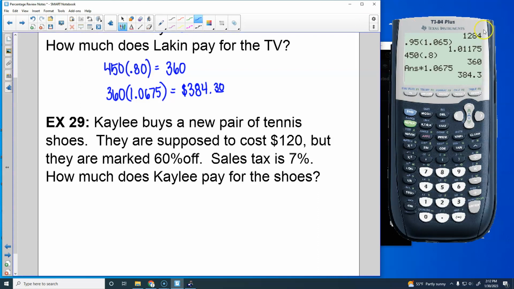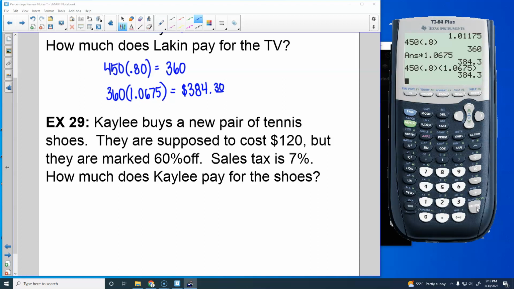And in fact, you could even do this. You can do 450 times 0.8 for the discount and 1.0675, sorry, for your sales tax, and hit enter, and you can do it all in one step. Right, so it'll multiply and then multiply again.